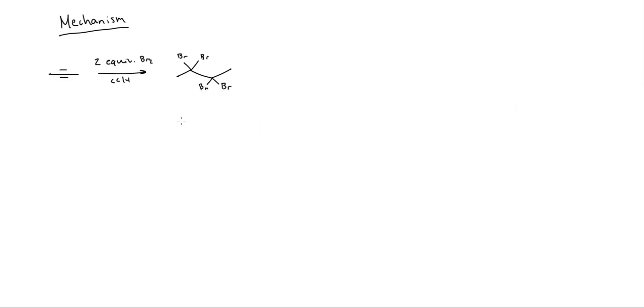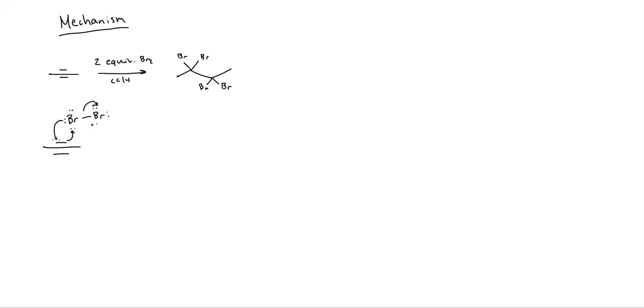Okay. So now let's take a look at how this happens. Just like what would happen with the alkene reaction, I have my two bromines here. And these are going to get attacked by one of the pi bonds. So the pi bond is going to attack one of these bromines. This bromine is going to leave.